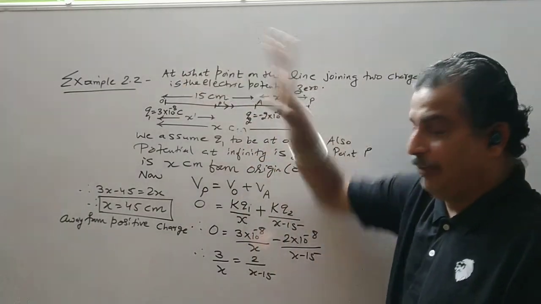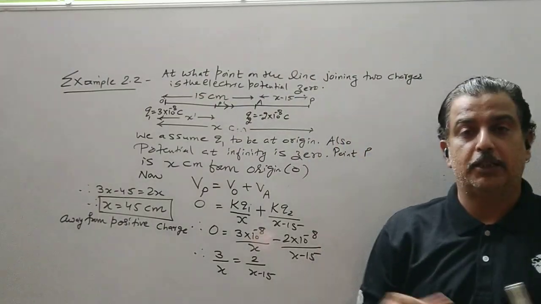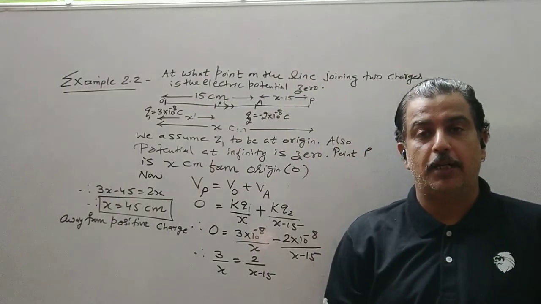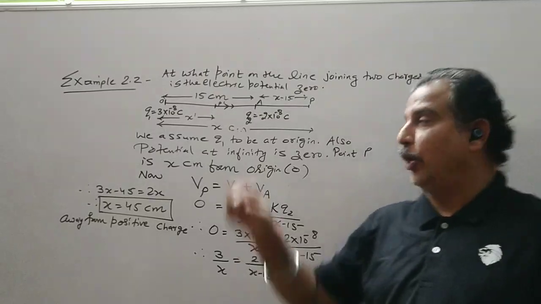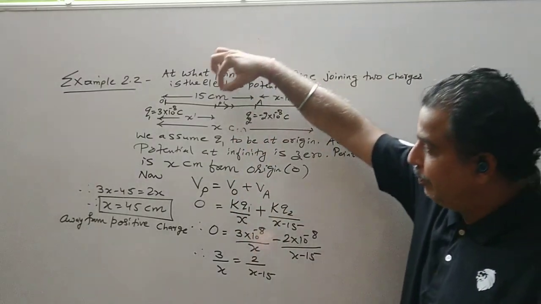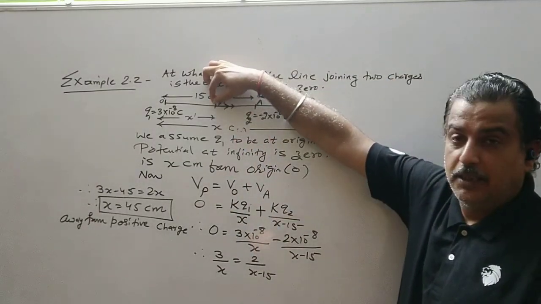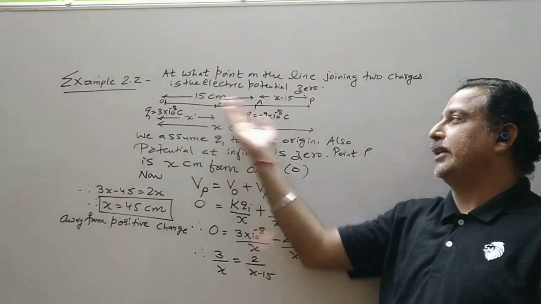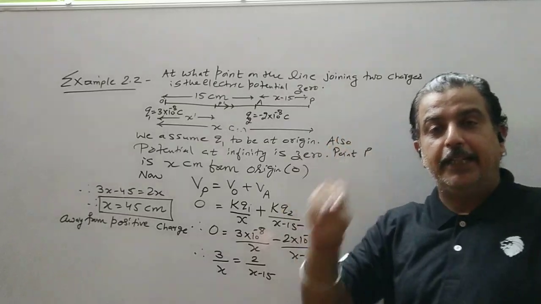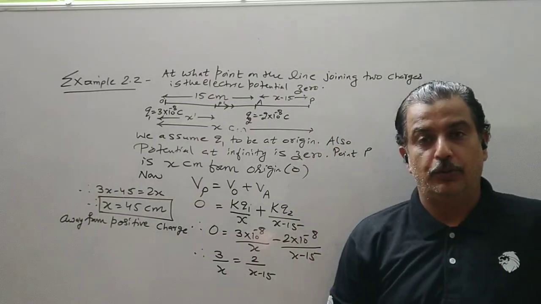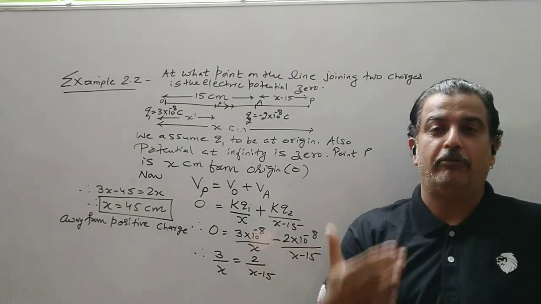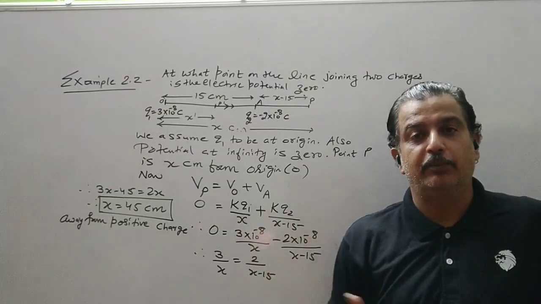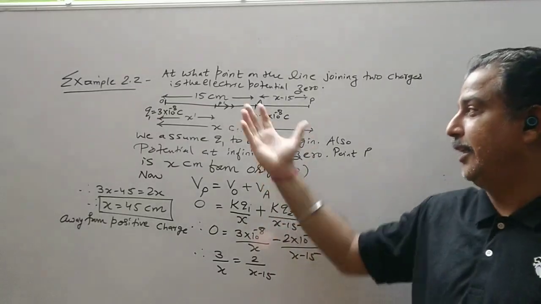will be against the field, because potential means work done to move a unit positive charge from infinity to a point. So from infinity, if I keep a test charge here and leave it free, it will move towards A. But I need the potential to be 0, so I will do the work. The work will be done by the external force against this field.